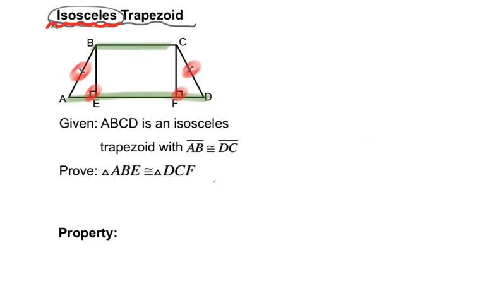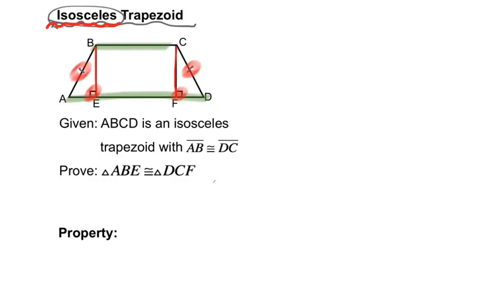Then what is the third condition that we will be needing? Did you notice that BE and CF are perpendicular to one of the bases? That makes BE and CF the distances between two parallel lines.